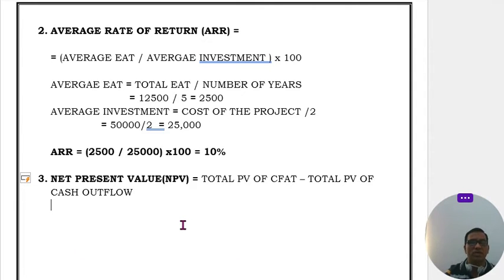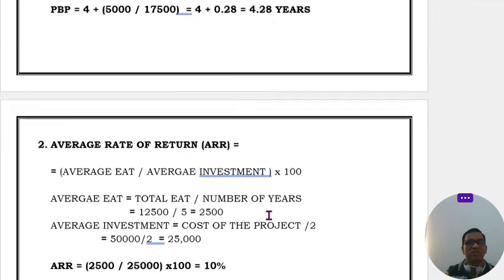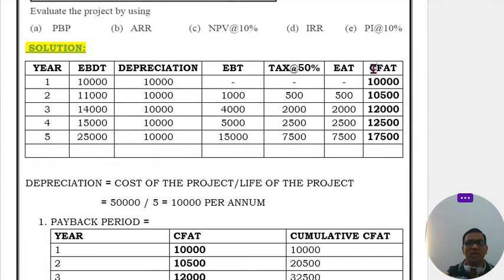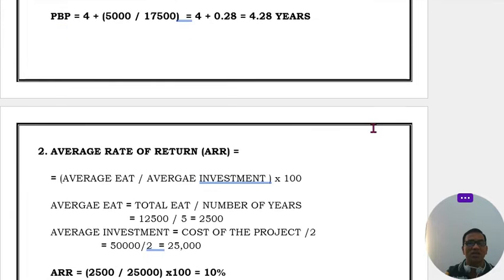NPV is a discounted cash flow method, DCF, a time adjusted method. So we have to convert these future values into present values by applying the present value table at the given discount rate. In this question it is given as 10%, NPV at 10%.